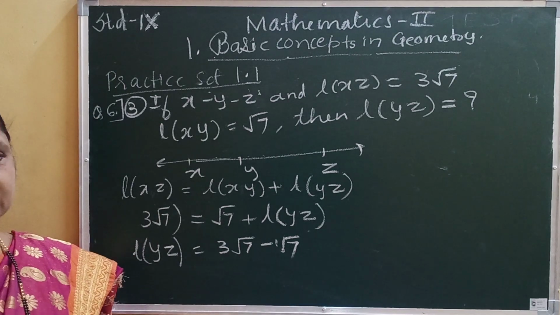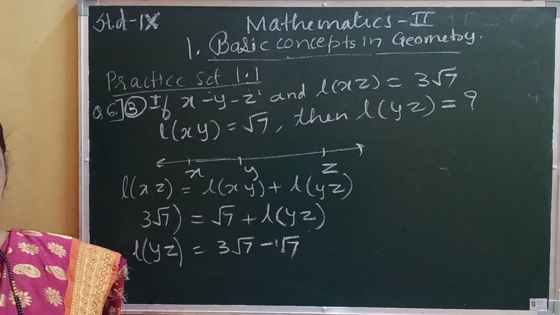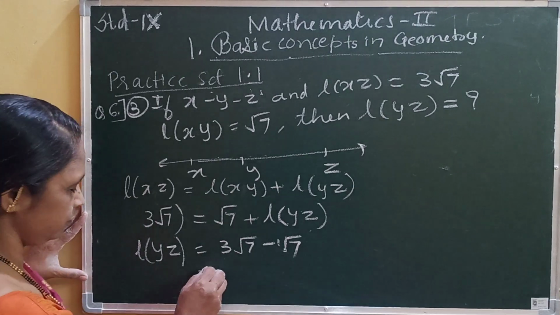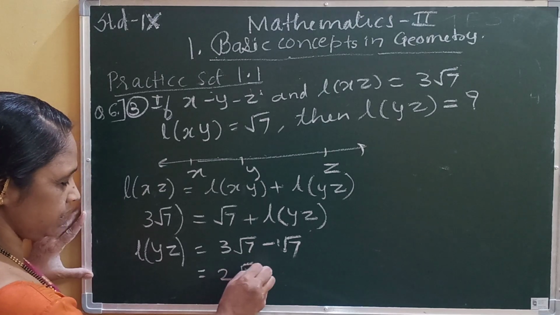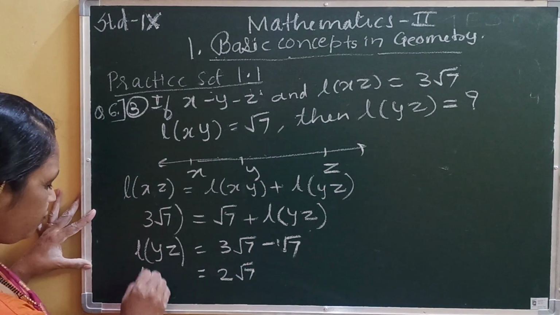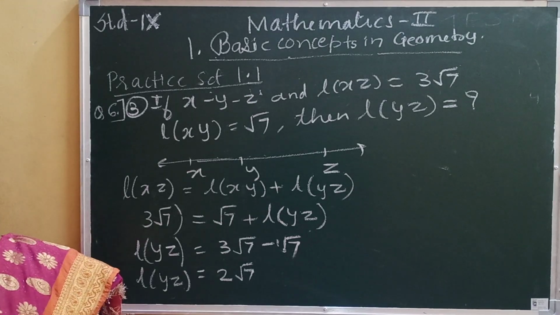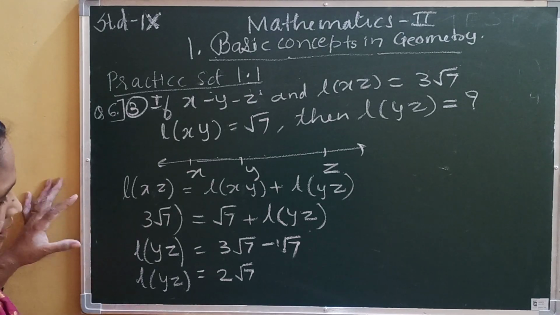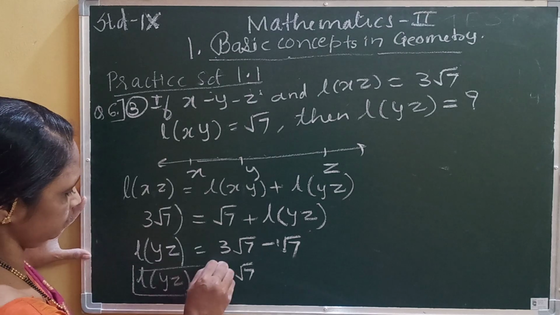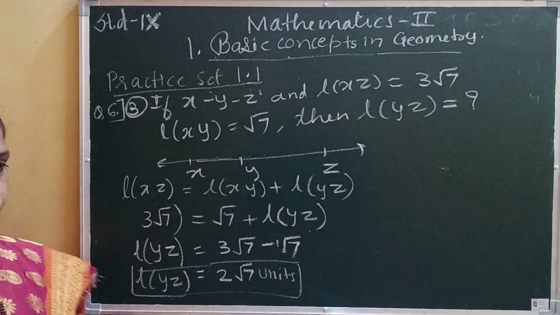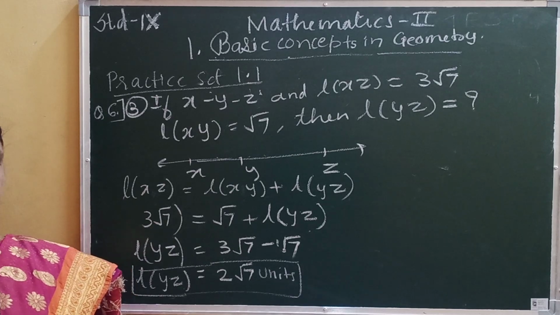You have to subtract 3 root 7 minus 1 root 7. It will be 2 root 7. So length YZ is equal to 2 root 7 units. So this we have calculated. Have you understood this?